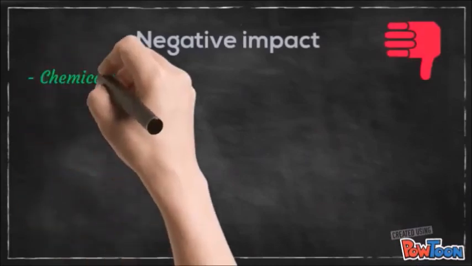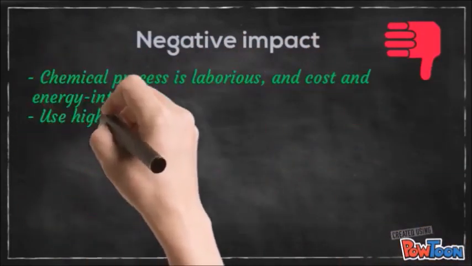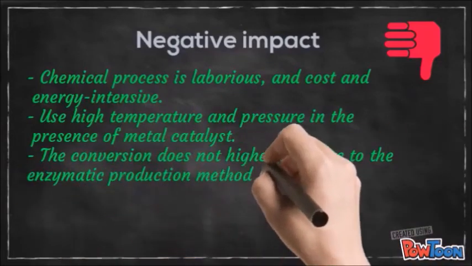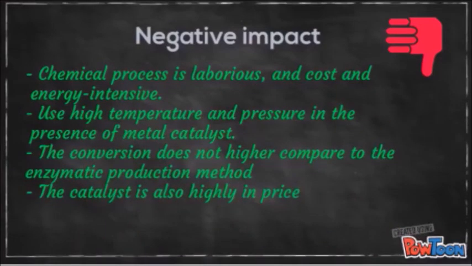Then proceed to the negative impacts. The first one is that the chemical process is laborious, costly, and energy intensive. Why I say it's expensive is due to difficult separation and purification steps. Next, it uses high temperature and pressure in the presence of metal catalyst.